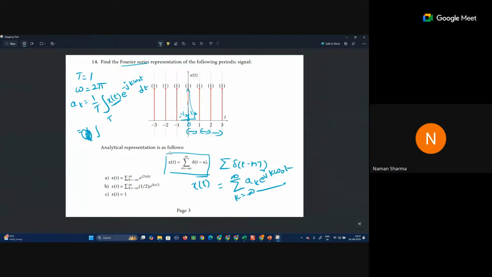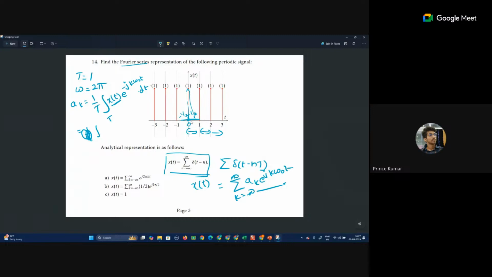Ma'am, if we take the limits from 0 to 1, then it is also valid, no? Yeah, 0 to 1 also we can take, but at one point only we have to consider, either at 0 or 1. We have to split the integrals because there is a discontinuity.